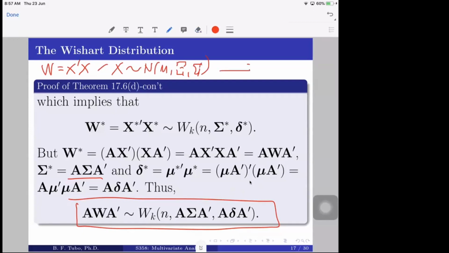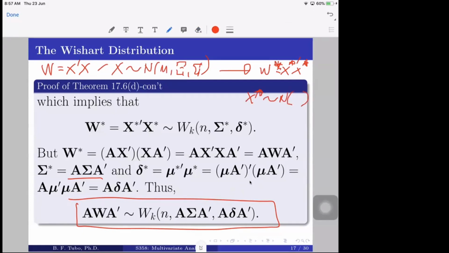So if you transform into a new W star, which is X star prime X star, you have to check that X star is normally distributed and what the parameters are.